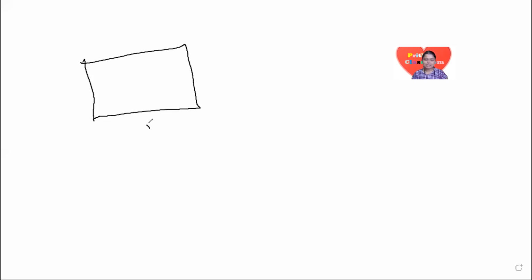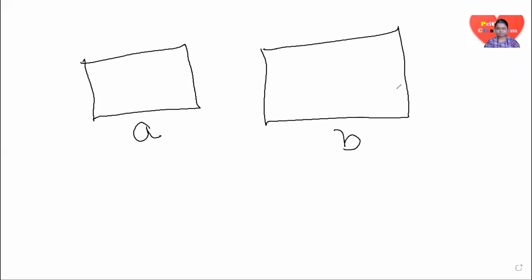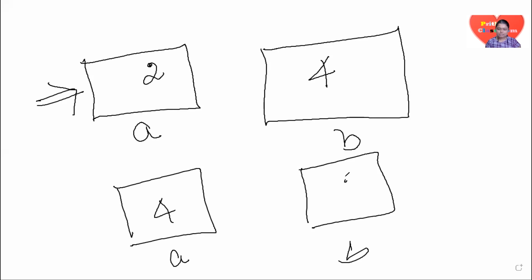This box is nothing but A. We have one more box here, which is nothing but B. Now we want to interchange these values. Suppose before swapping the value of A is 2 and the value of B is 4, then after swapping this A variable should contain 4 and this B variable should contain 2. So what is the idea behind this? What are we going to do now?